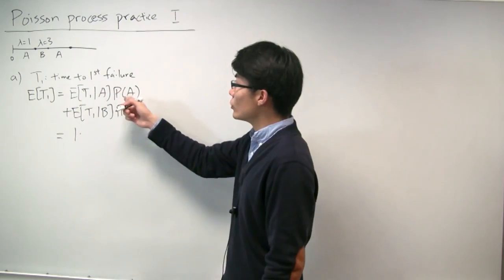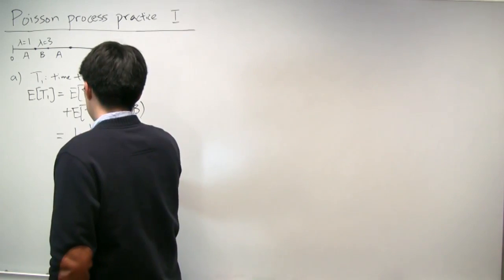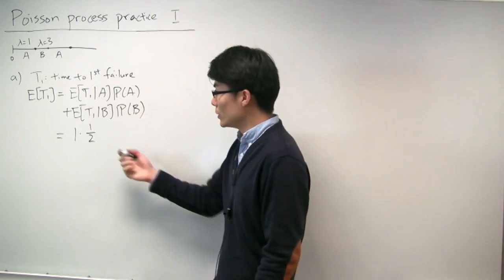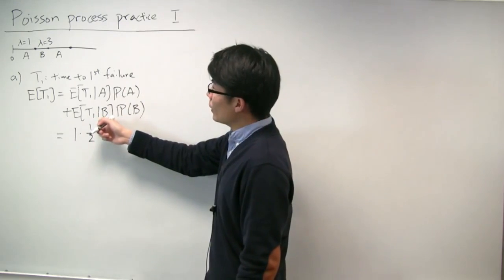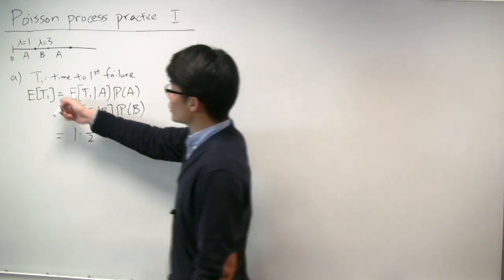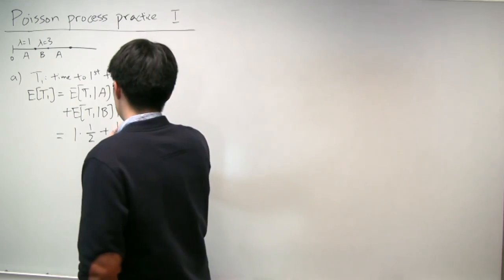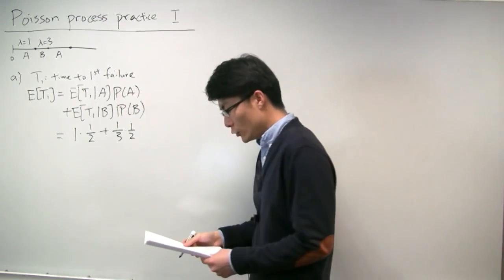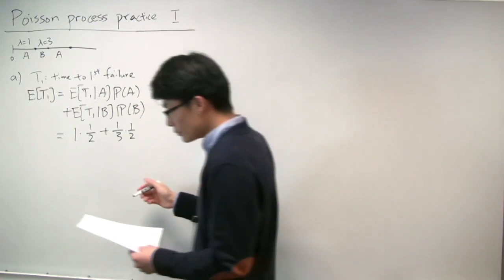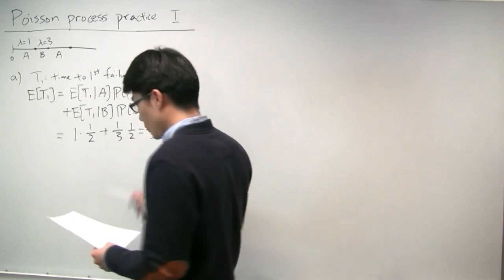The probability that we choose type A for the first bulb is, from the problem, equal probability, so it's 1/2. Similarly, if it's a type B bulb, the expected time is the expected value of an exponential with parameter lambda equals 3, which is 1/3, and the probability of choosing type B is also 1/2. When we add this together, we get 2/3.